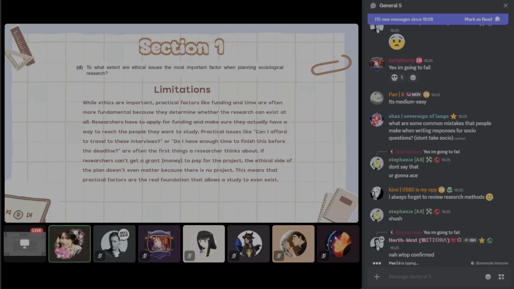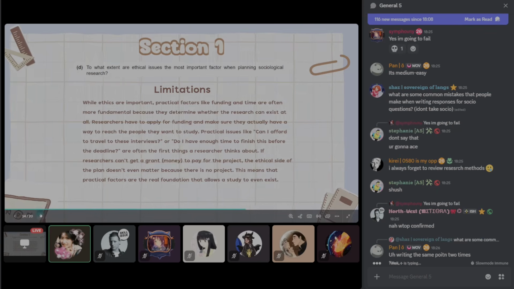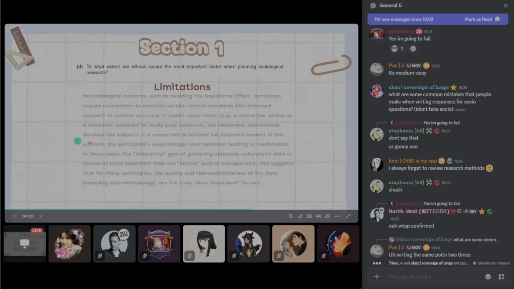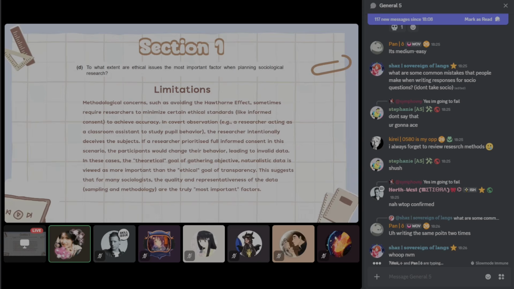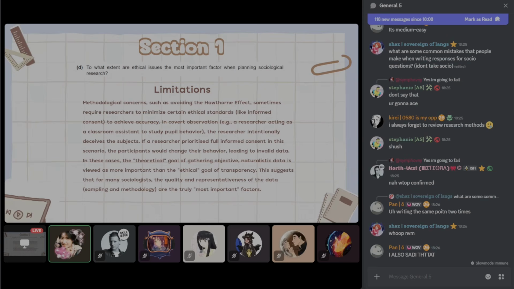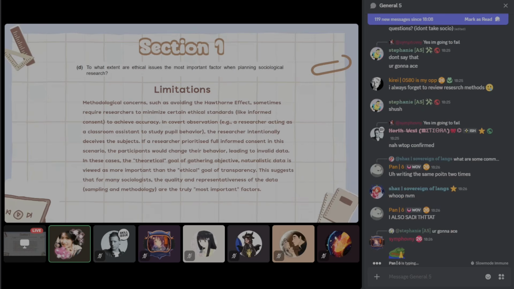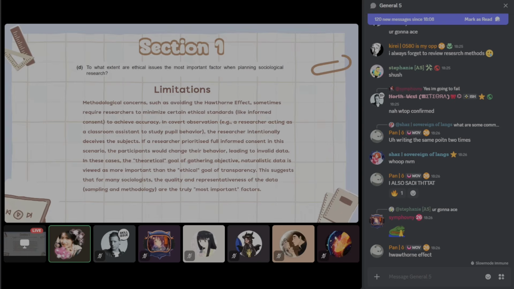Okay, so let's move on to the next limitation. So, methodological concerns, such as avoiding the Hawthorne effect, sometimes require researchers to minimize certain ethical standards like informed consent to achieve accuracy. In covert observation, for example, a researcher acting as a classroom assistant to study pupil behavior, the researcher intentionally deceives the subjects.